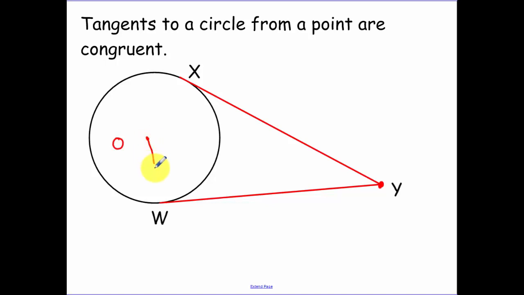Now think about why that could be. When I draw my two radii, think about what we just said. We're going to have a right angle. When I draw in line OY, let's look at why these two triangles, OYW and OXY, would be congruent. We know all radii of a circle are congruent, so those are going to be congruent.